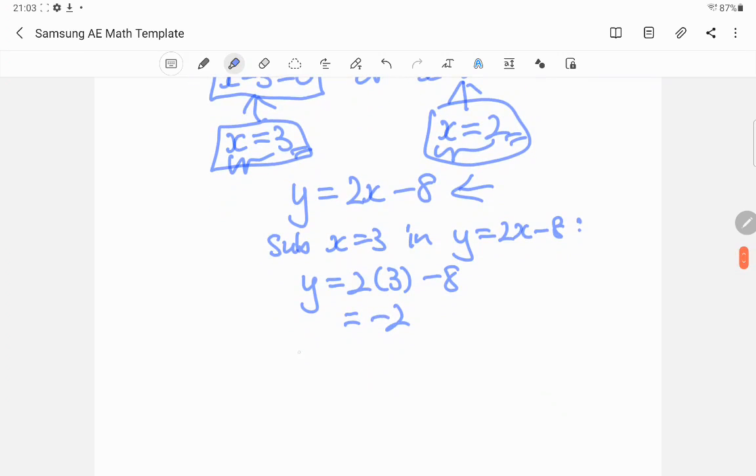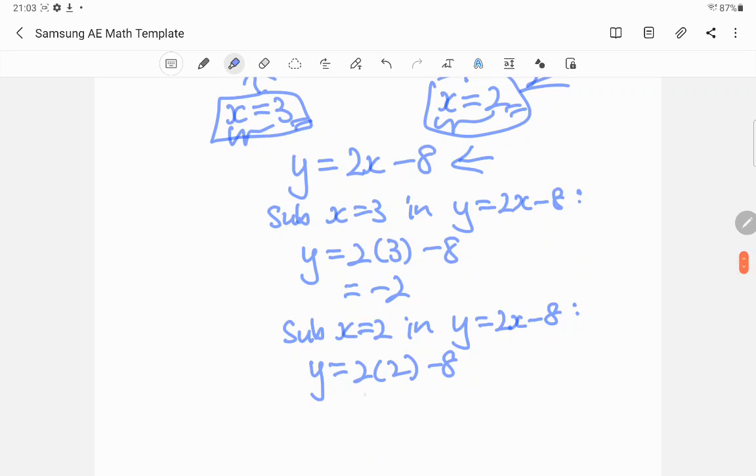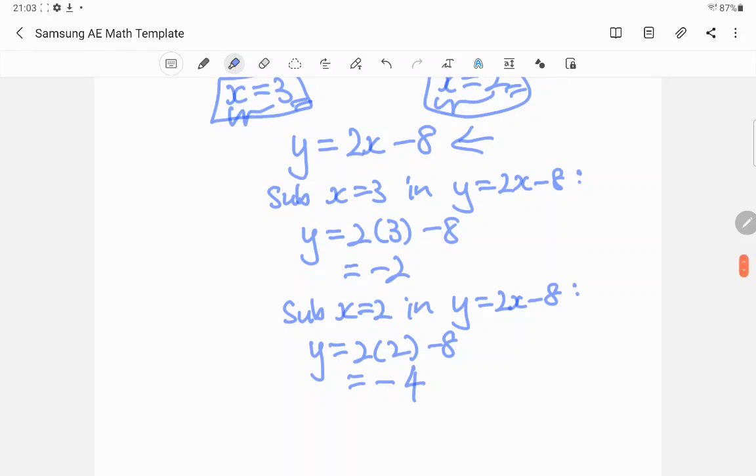Now let's substitute x equals 2 over here. In y equals 2x minus 8, we get that y equals 2 times 2 minus 8. And this gives us minus 4. So there we have it.